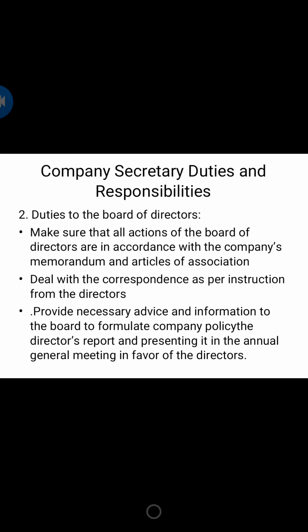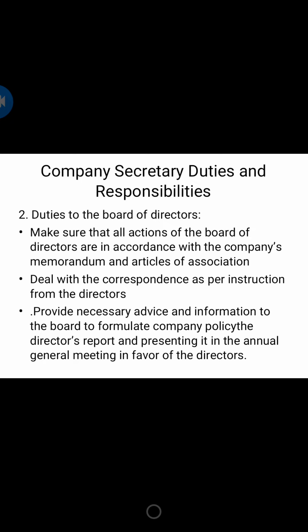Okay, the next, under that, the first is: make sure all actions of the board of directors are in accordance with the company's memorandum and articles of association. So the secretary is going to make sure that the directors are acting as per the memorandum of association and articles of association. Before that, we have to understand what this memorandum of association is.